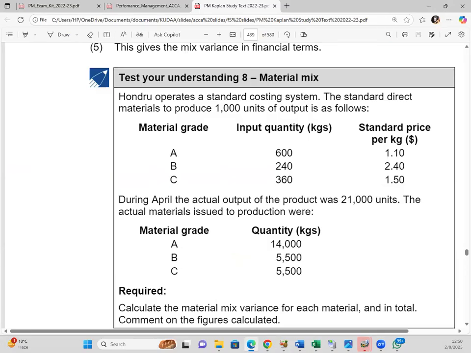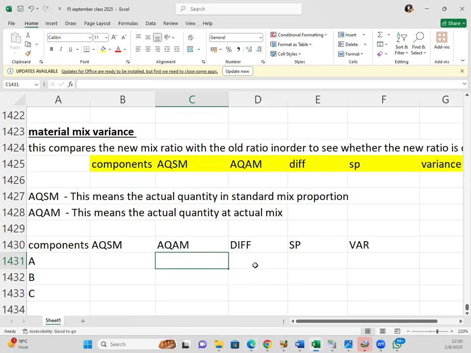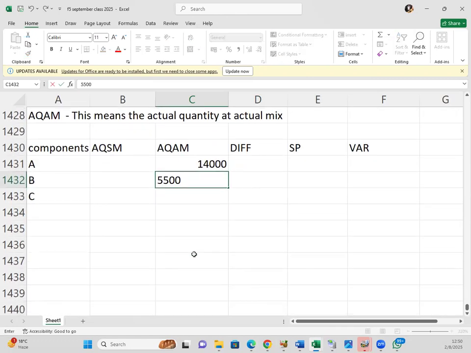So these are the actual quantities. It's the actual ratios or actual mix. So for A, we had 14,000. For B, it's 5.5. For C, 5.5.